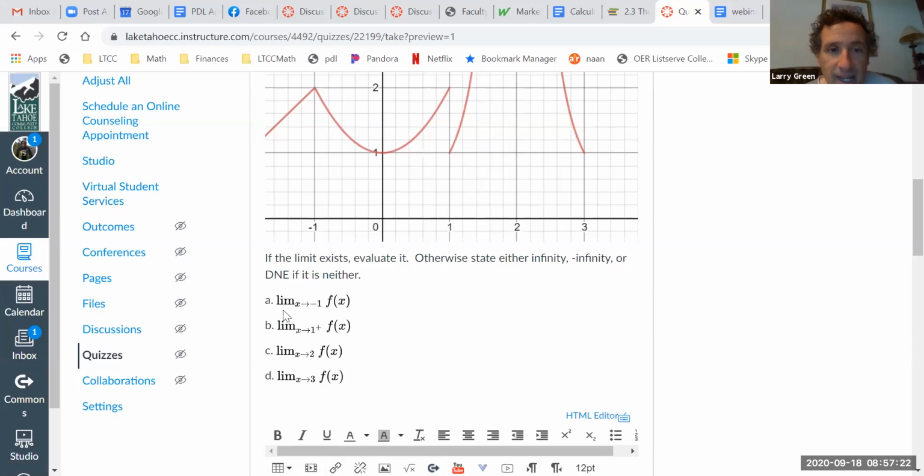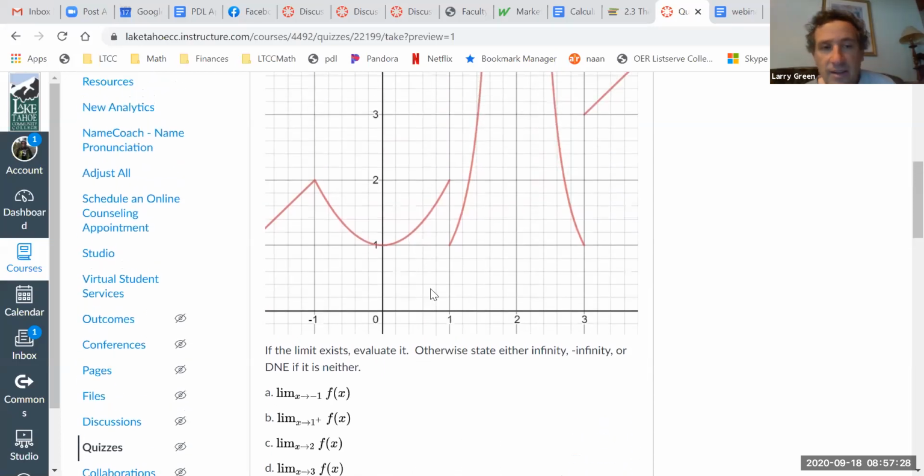The limit as x approaches -1 of f of x. So here's -1 right here. And what is the limit of f of x as x approaches -1? Yeah, it's 2.